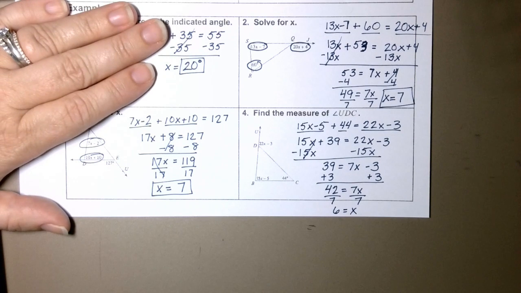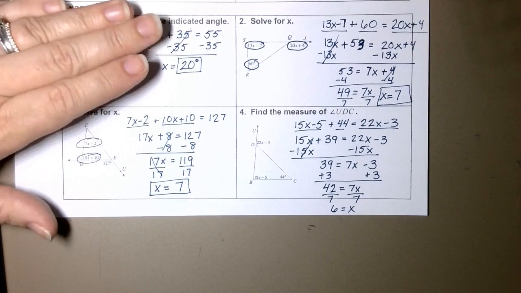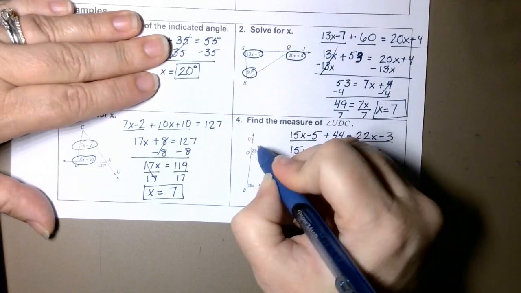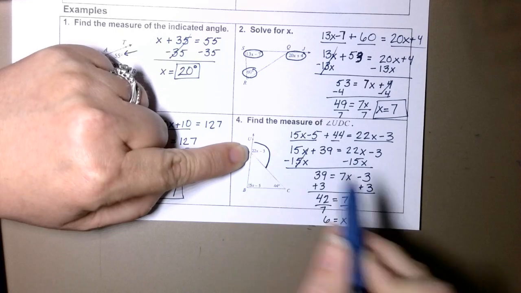Is that what you got? Okay. Now, are they asking for x? No, they're asking for an angle measure. So I need to go back and I need to find UDC. So they're asking for that angle right there. So I'm going to plug 6 back into here.